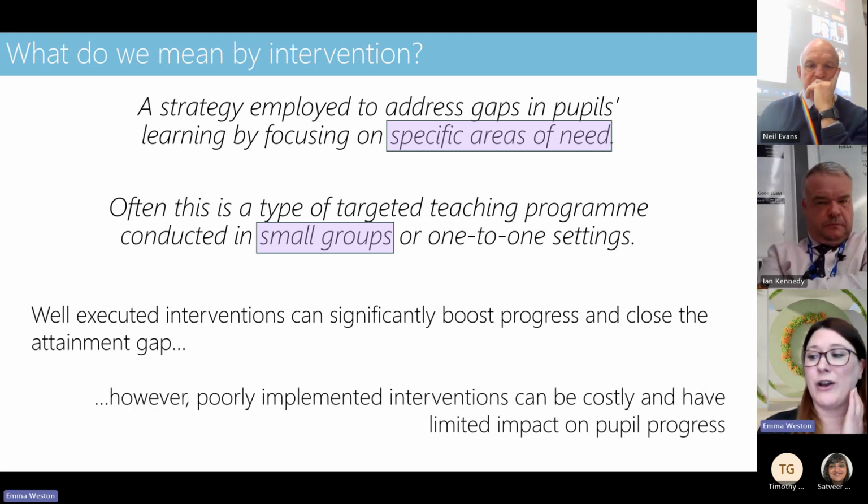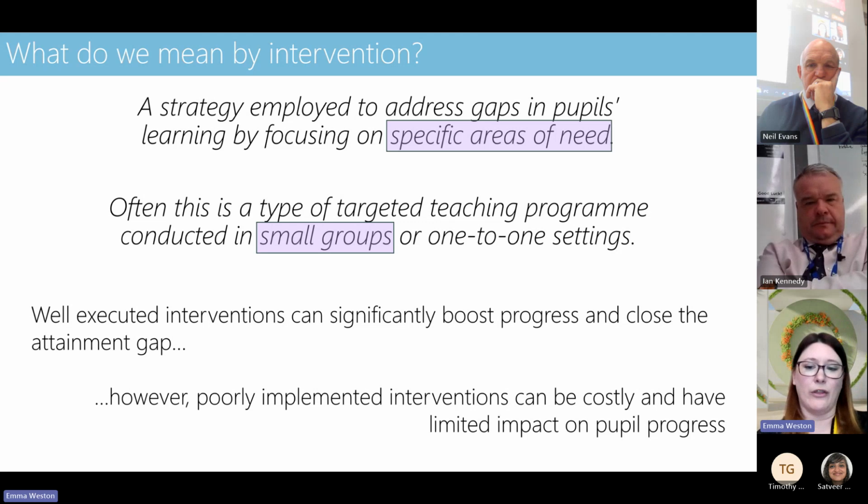But they're quite costly because we're focusing on small groups or sometimes even one-to-one settings. If we're not focusing the right interventions on the right topics with the right pupils, there's an opportunity cost to everything we do, and our time is limited, and so is the pupils' time. So it's really important that we're getting these things right.